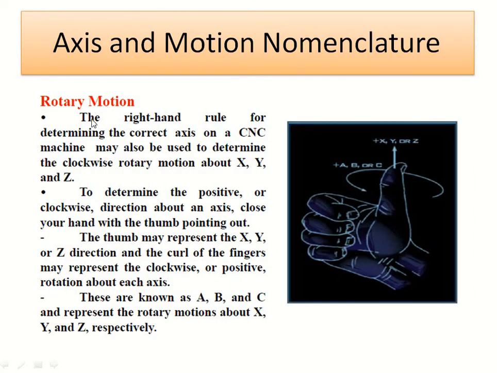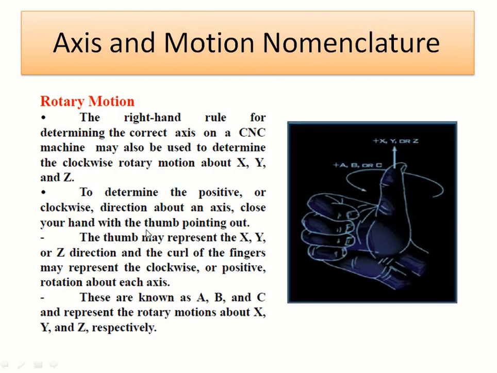Then rotary motion. The right hand rule for determining the correct axis on a CNC machine may also be used to determine the clockwise rotary motion about X, Y, Z. To determine the positive or clockwise direction about an axis, close your hand.